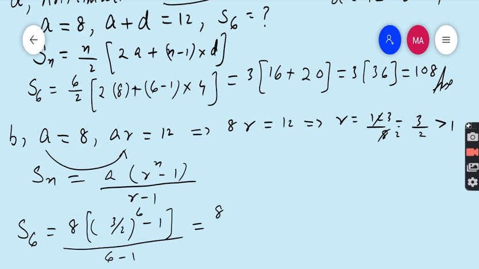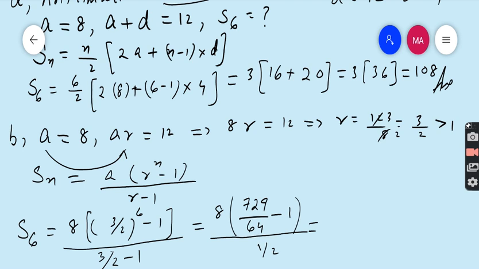So 8 into 3 upon 2 to the power 6. 3 power 6 is 729, 2 power 6 is 64, minus 1, upon r minus 1, not 6 minus 1. R is 3 upon 2 minus 1, and 3 upon 2 minus 1 is 1 upon 2.